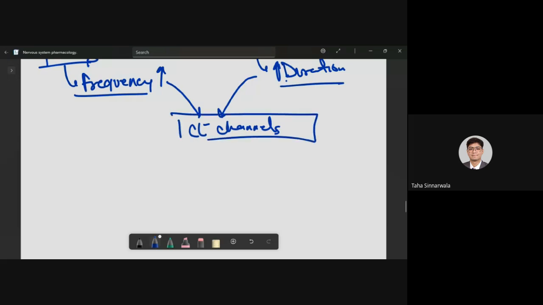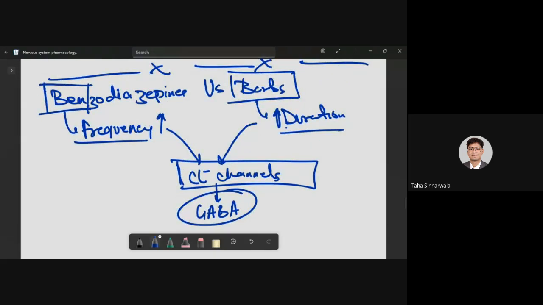And what are these chloride channels associated with? They're associated with the GABA receptor. So basically, what these medications do is, the first one, benzodiazepines, cause the GABA receptor to open multiple times.